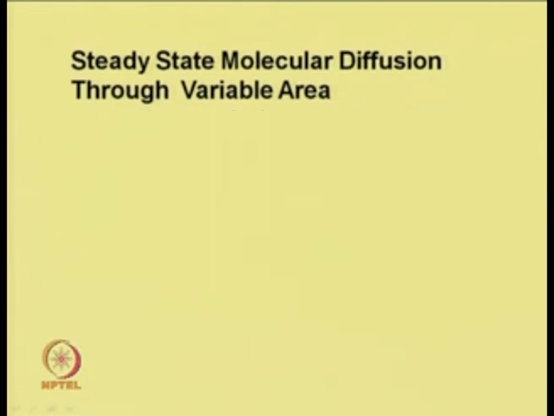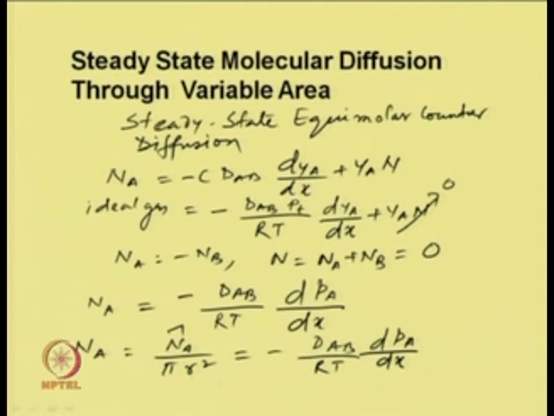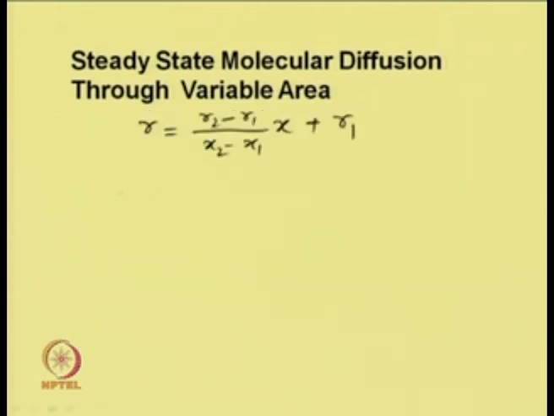If we use the geometry, then we can have a relation R is equal to (R2 minus R1) by (x2 minus x1) times x plus R1. So, this is the change of radius along the length of the cylinder. We can replace this R in these equations and we can then differentiate.